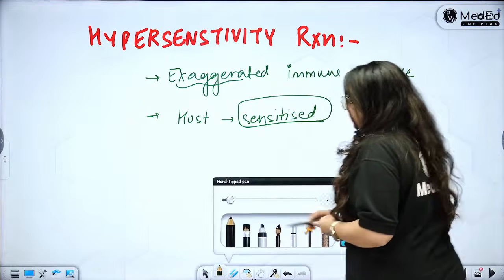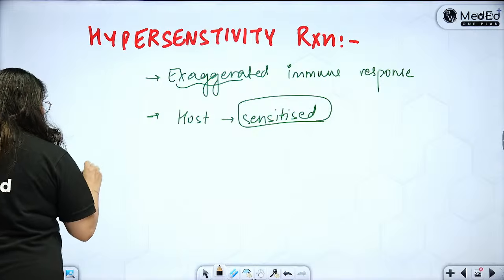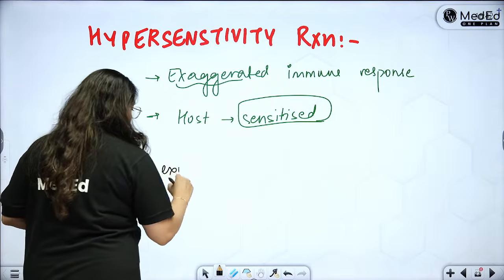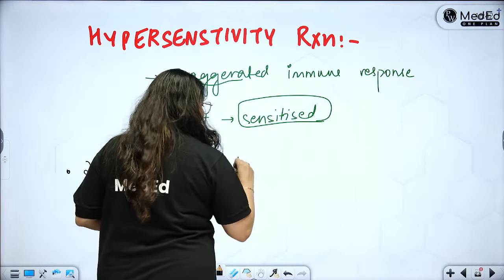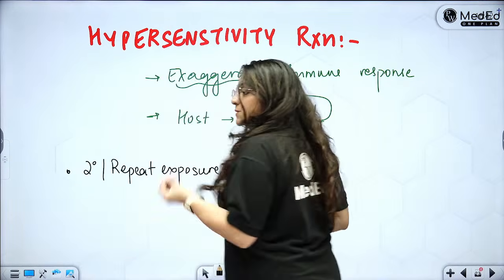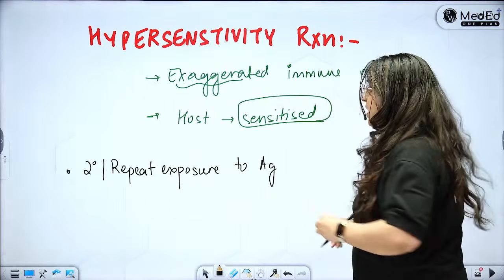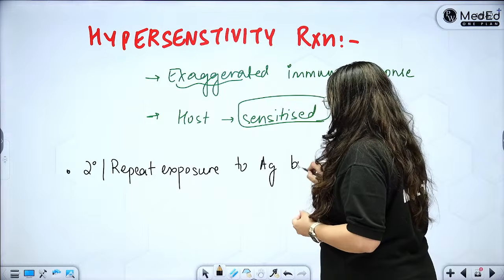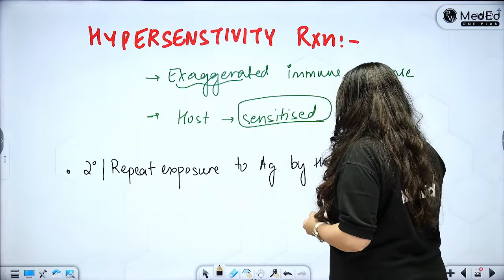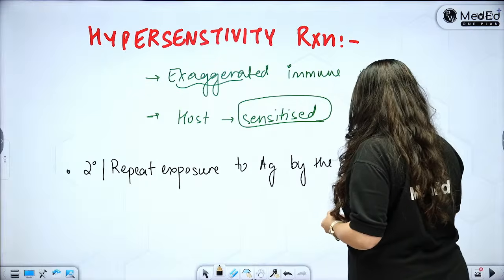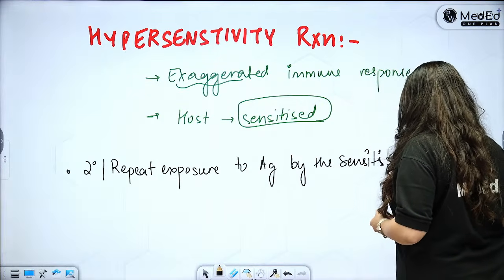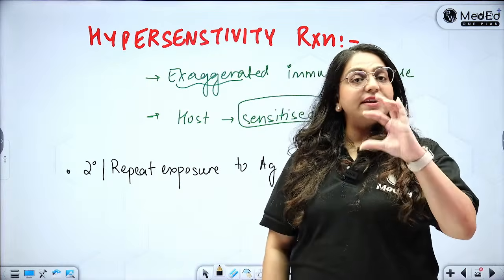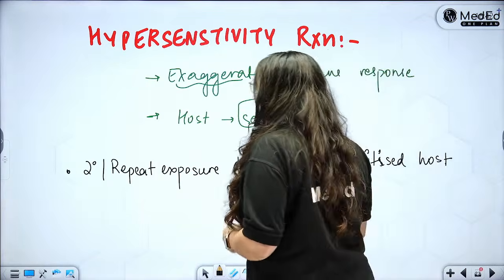So what happens is that there is a secondary or repeat exposure to the antigen, by a sensitized host. And this sensitized host has generated an exaggerated immune response.